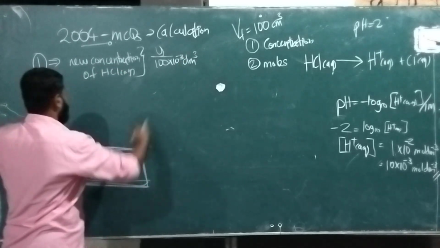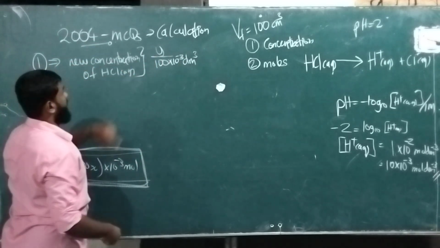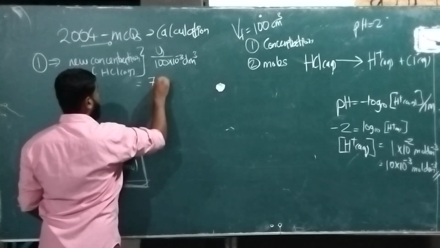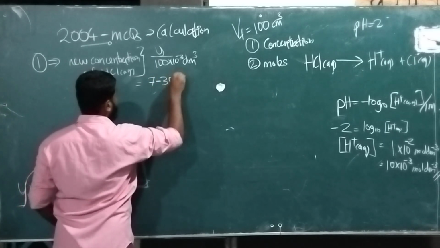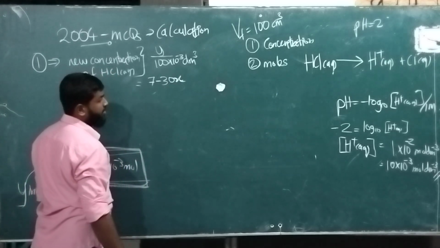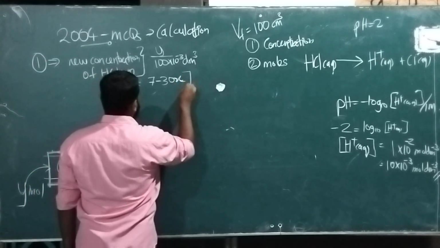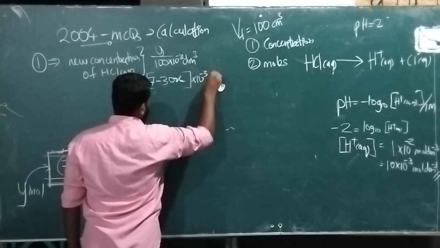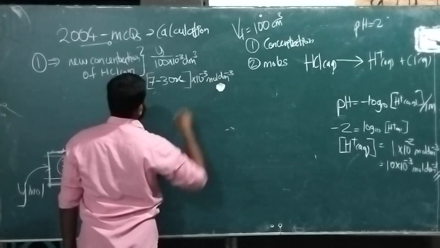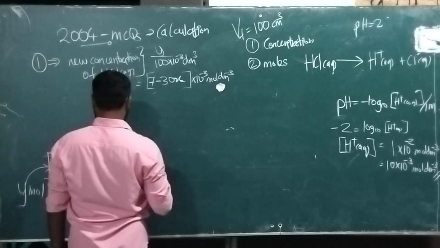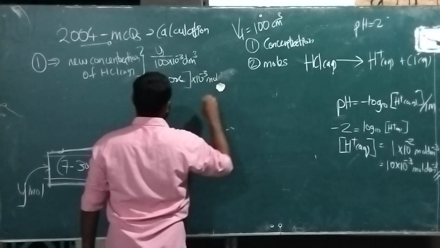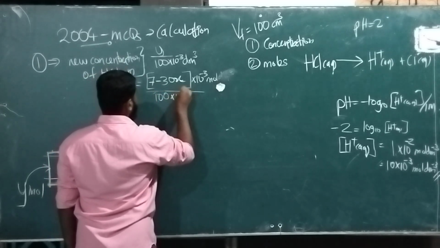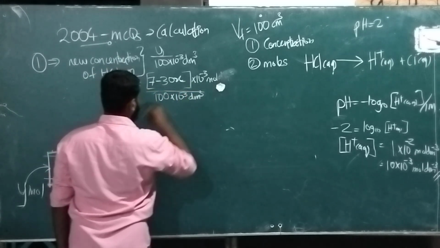What I can do is bring this in terms of y. So it will be 7 minus 30x into 10 to the power minus 3 mole, divided by 100 into 10 to the power minus 3 decimeter cube.